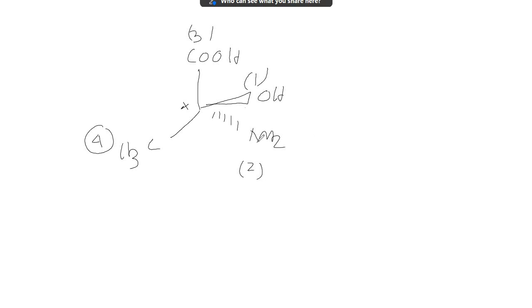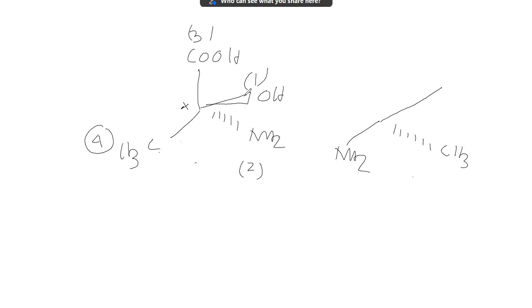I am interchanging 2 and 4 first. CH3 over here, NH2 over here. Is it clear? CH3 becomes bottom, and CH3 and NH2 interchange their positions. The position occupied by NH2 earlier is now occupied by CH3, and the position occupied by CH3 is now occupied by NH2.